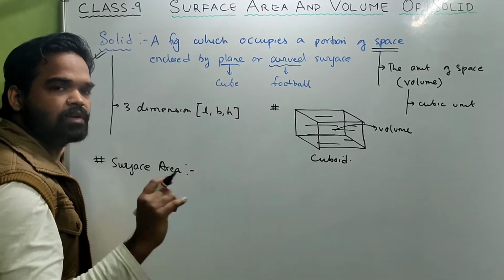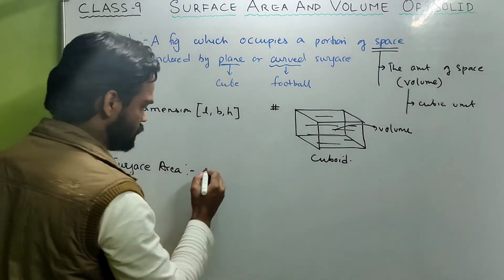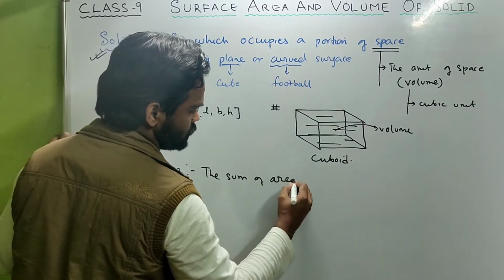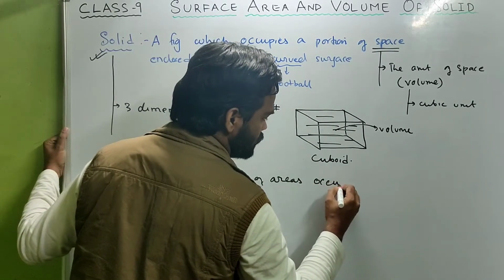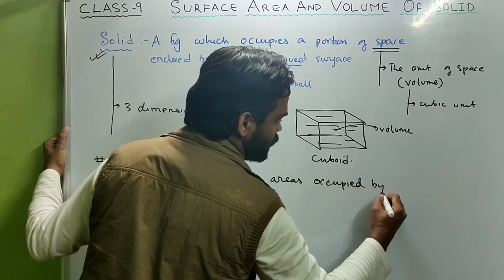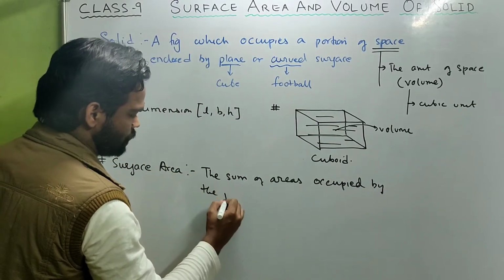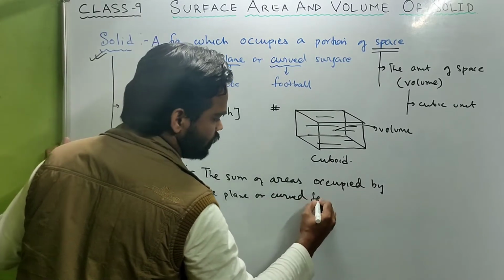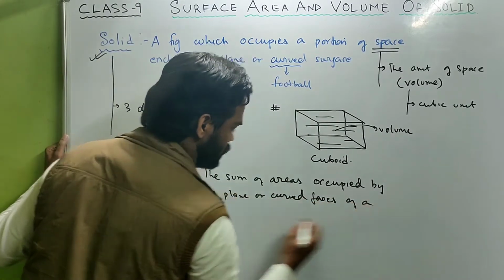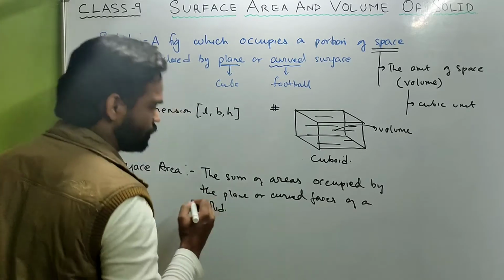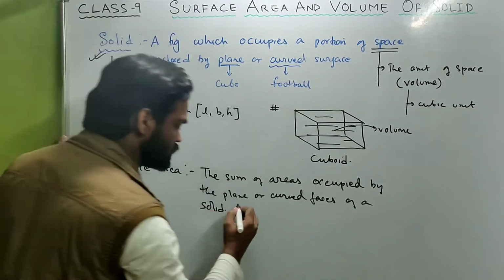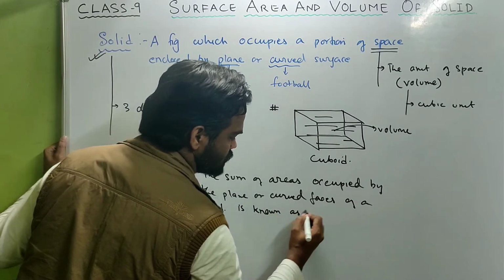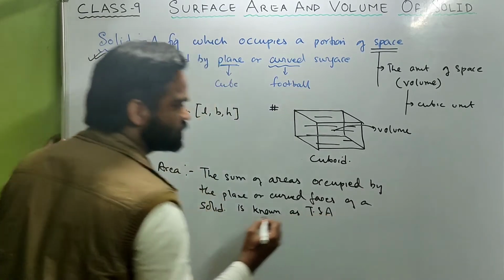When you talk about the surface area of a solid, we mean the sum of areas occupied by the plane or curved faces of a solid is known as total surface area, TSA. I'm writing total surface area.